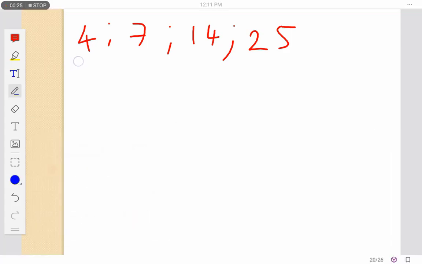If we go back to our formula, we had our sequence as 4, 7, 14, 25, and for this sequence 4 is our T1, this is our T2, this is our T3, and our T4.